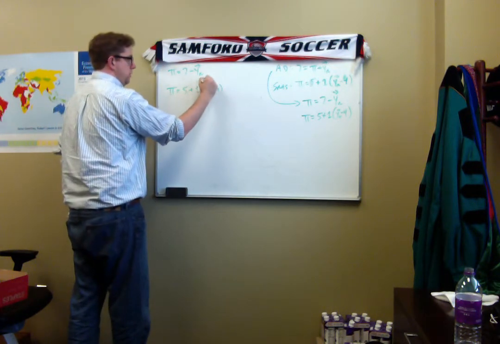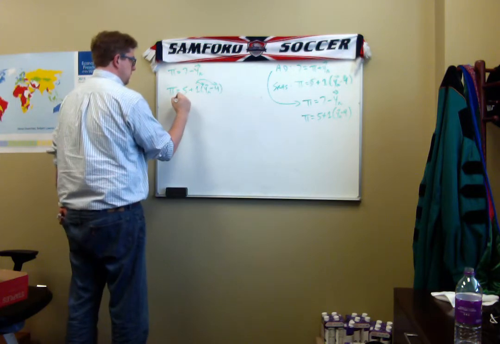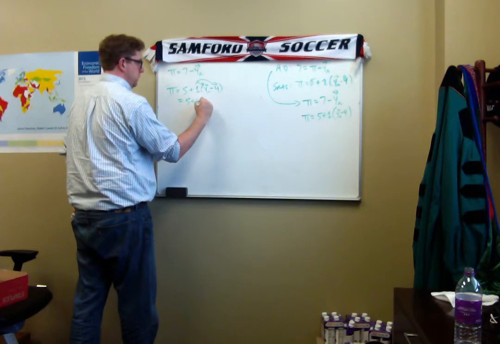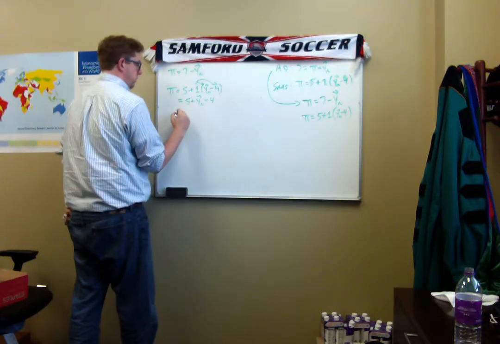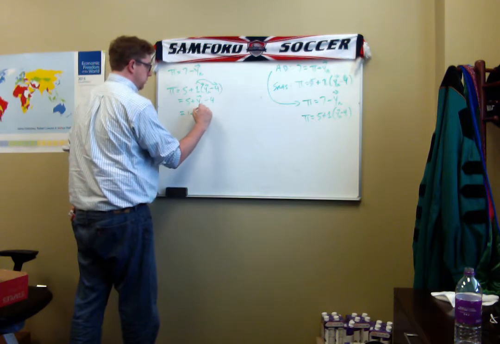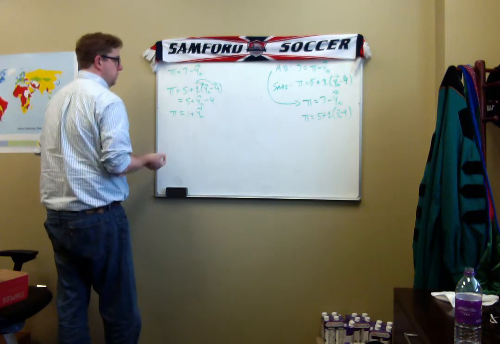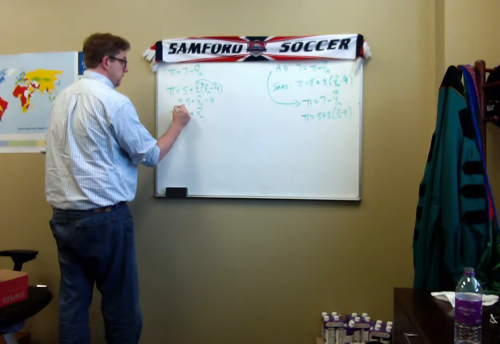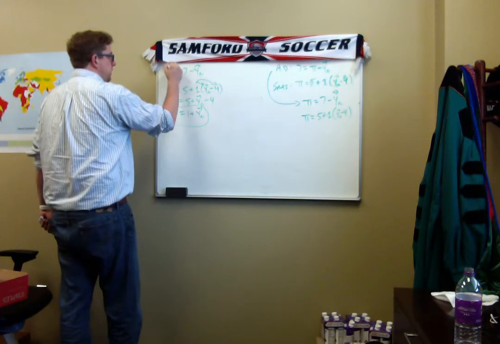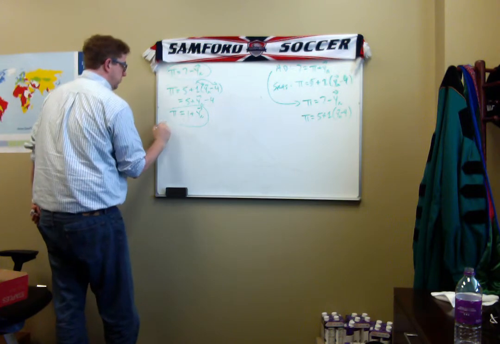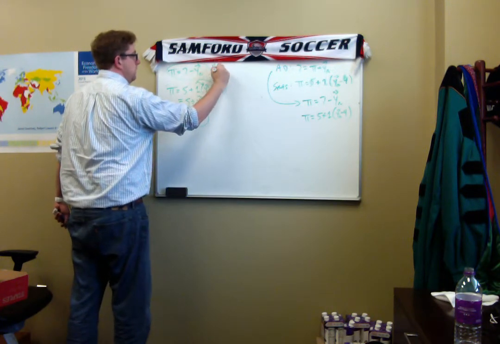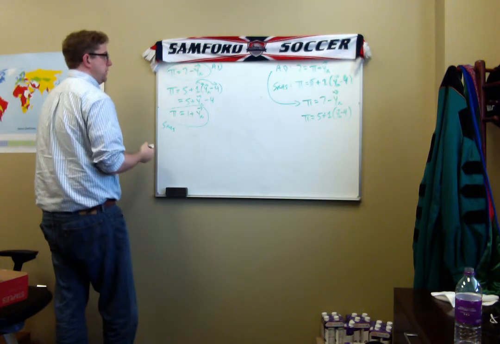So we distribute the 1. So inflation is equal to 5 plus real growth minus 4, or 1 plus the economy's real growth rate. So now we have inflation on one side, real growth on the other. That's short run aggregate supply. Inflation on one side, real growth on the other, that's aggregate demand.